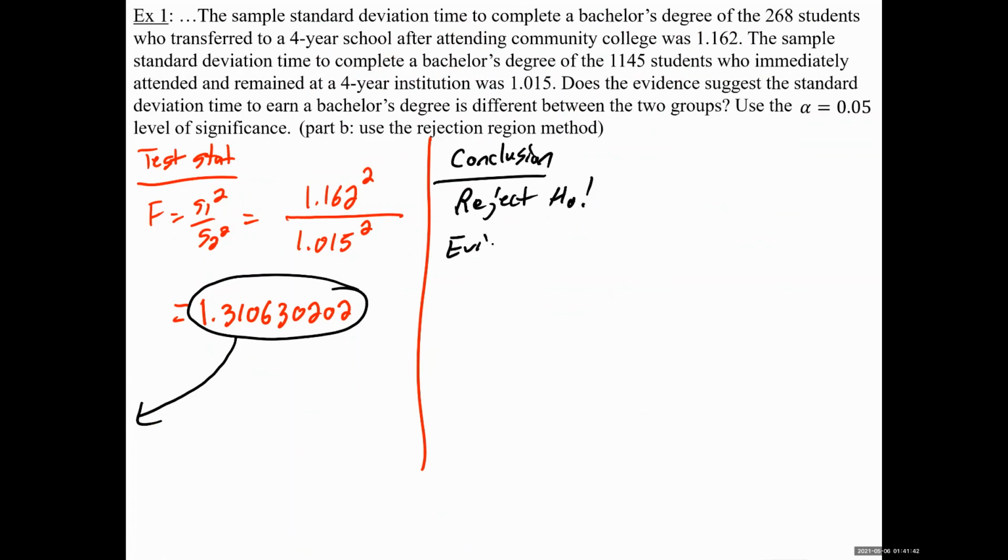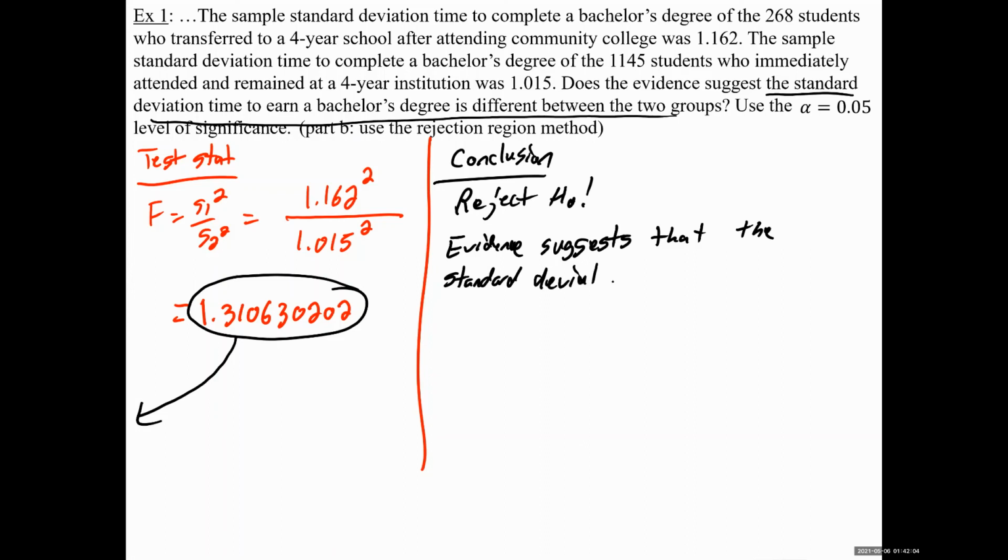Evidence suggests, now I'm just going to copy what it says right here, that the standard deviation time to earn a bachelor's degree is different between the two groups.